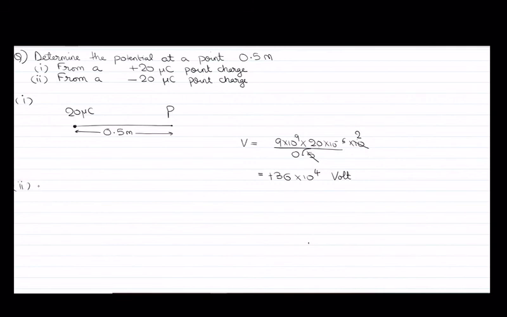When I solve the second case, there is a charge of minus 20 microcoulomb, and the point P is again at a distance of 0.5 meter.